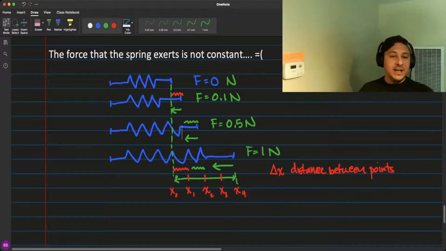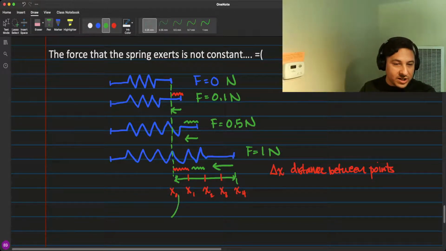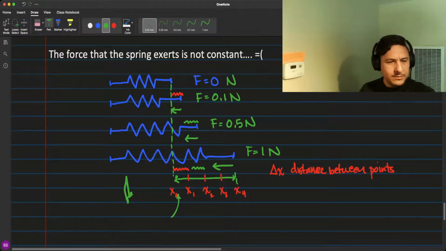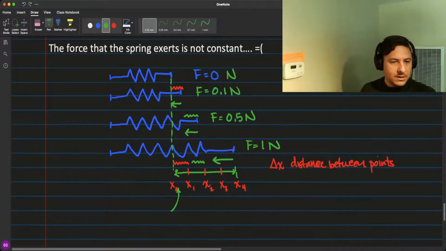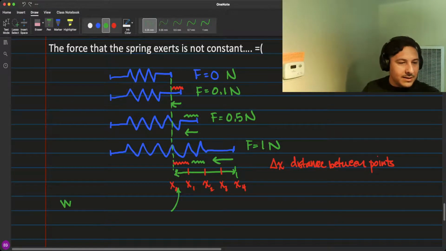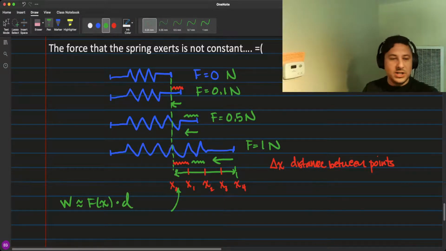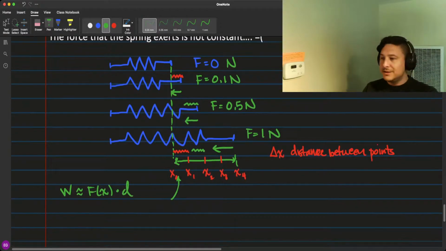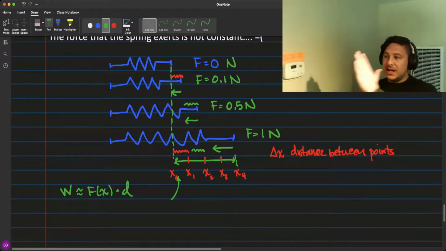Okay, now if you look at this first stretch here, from x0 to x1, you can approximate the work done there. So work equals your force times your distance. What was the distance that we stretched it on that first stretch? What was the change in distance of the end of the spring?